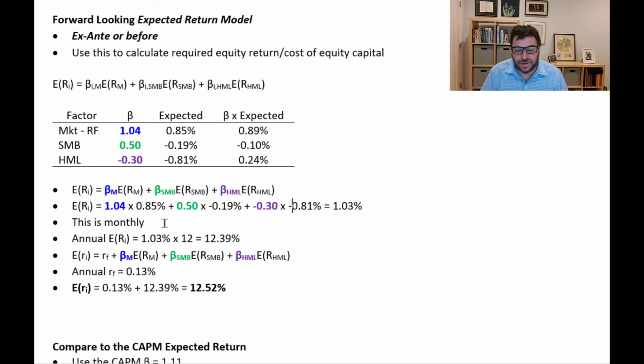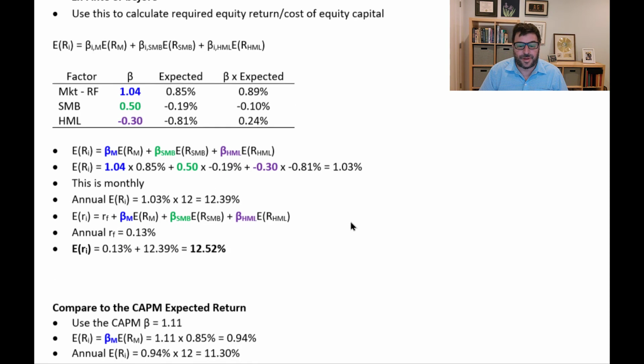This is a monthly expected return. I would then annualize the expected return, and then I would add to this annualized expected return the risk-free, and so big R becomes little r, and I get that the expected annualized return for this portfolio is 12.52%.